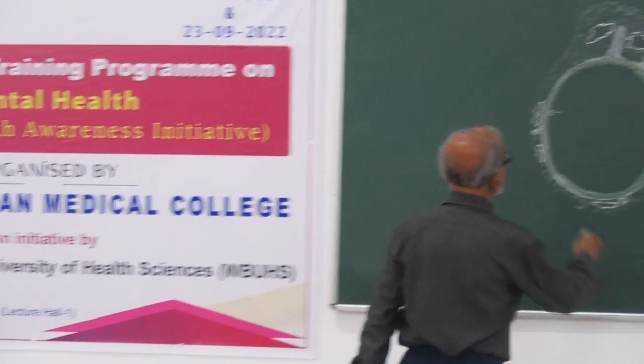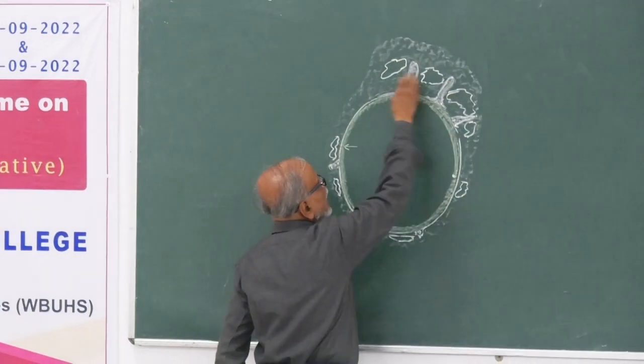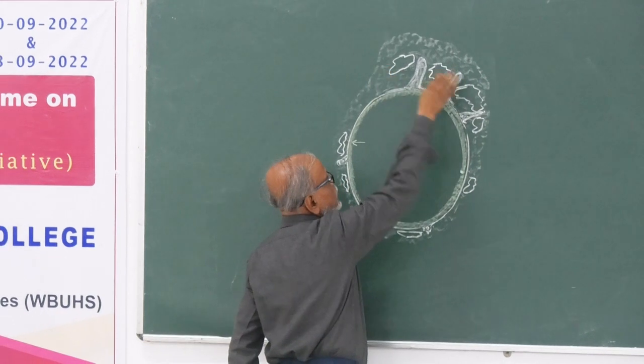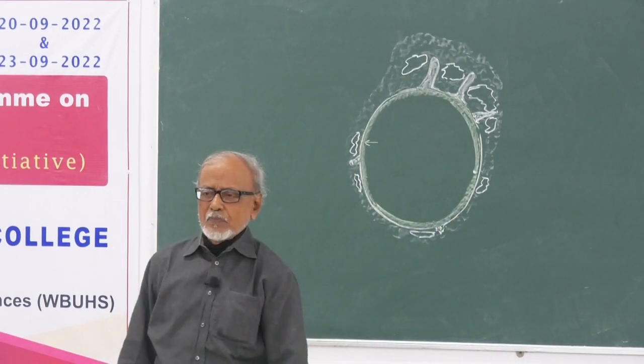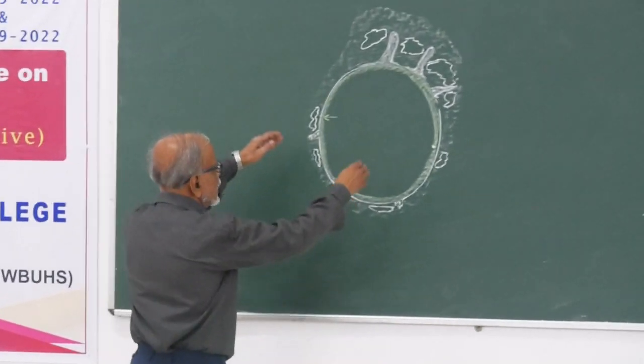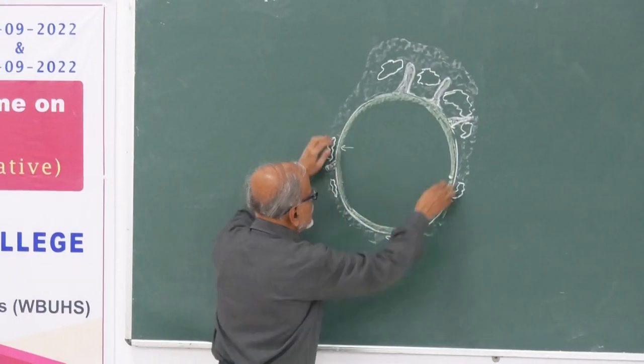Now look here. At this place I have made the trophoplastic tissue thick, and elsewhere in this chorionic vesicle I have made it thin.